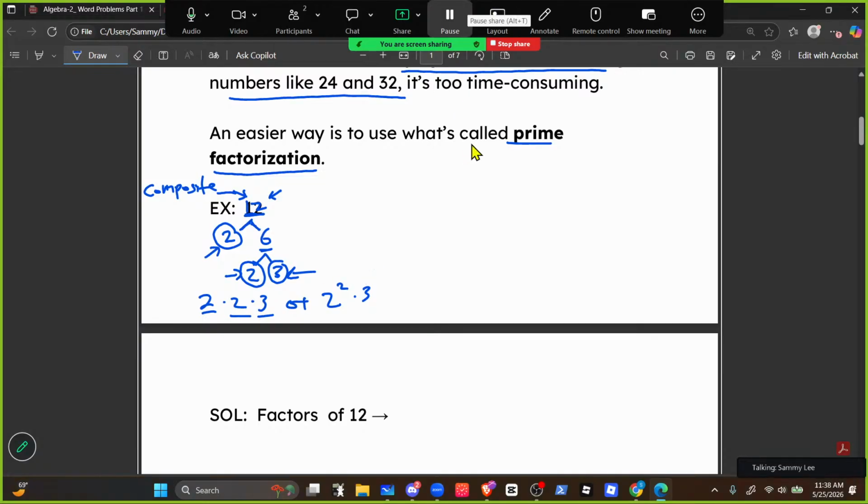So let's actually try out an example. Go ahead and find the prime factors of 27 using the prime factorization method, and let me know when you're done.